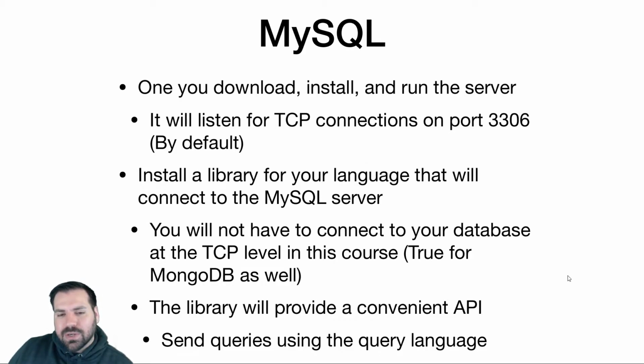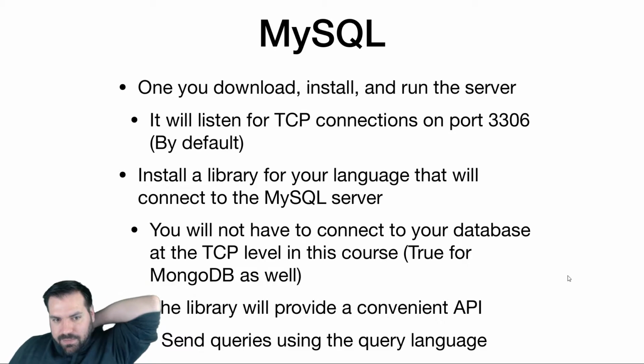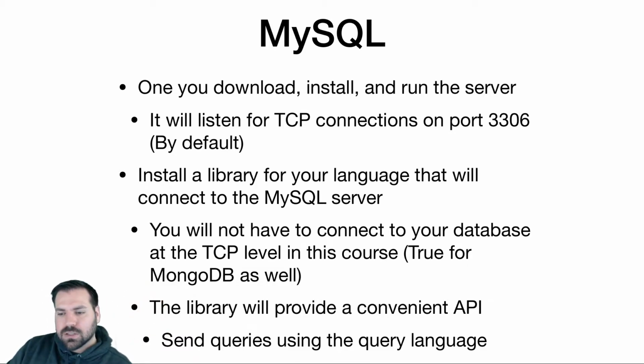And then you're going to connect to it in your language of choice. You're going to find some MySQL connector, some MySQL client code, some client library, and then you're going to use that to connect to your MySQL server. Now, MySQL and MongoDB, since they are servers listening for TCP socket connections, that implies that they are separate pieces of software. You have to download MySQL, run it on your machine, and then have that separate process running, listening for connections on 3306.